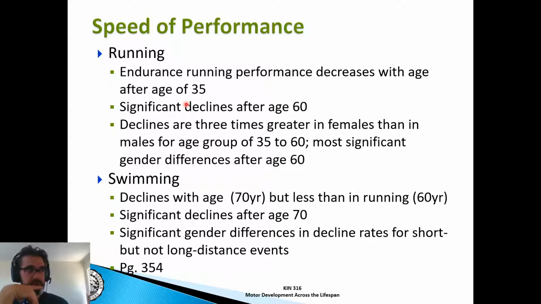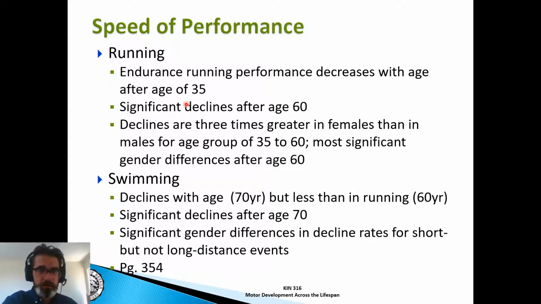Most significant gender differences after age 60. And this could be due to more societal factors. This could also be due to some level of physiology. So definitely by 35, adult males have gone through puberty. They develop more muscle mass because they have more free circulating testosterone and androgens.